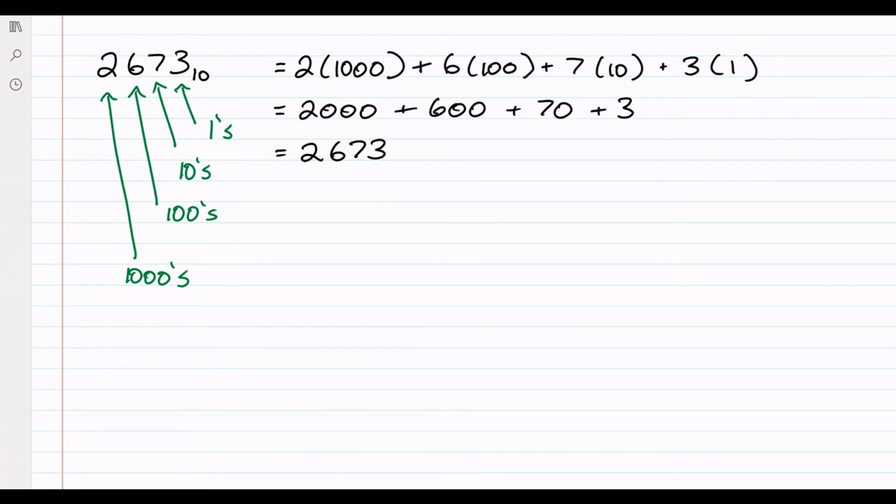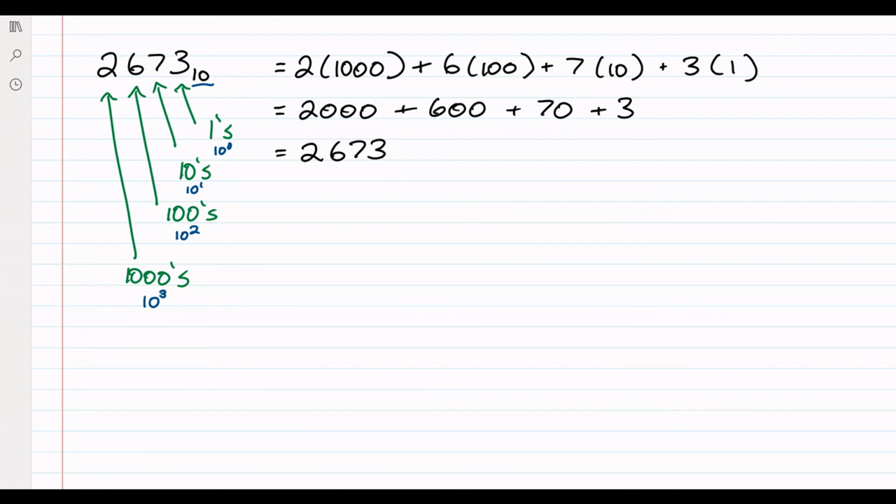Now these place column values are not just random. Why are they 1, 10s, 100s, thousands? That is because of the base of the number system. 1 is really 10 to the exponent 0. 10 is really 10 to the exponent 1. 100 is 10 to the exponent 2, and 1000 is 10 to the exponent 3.